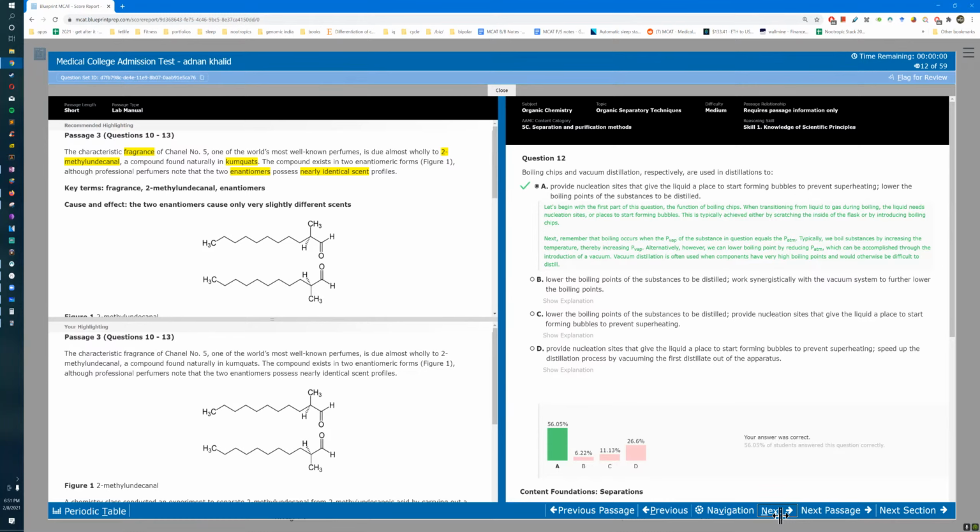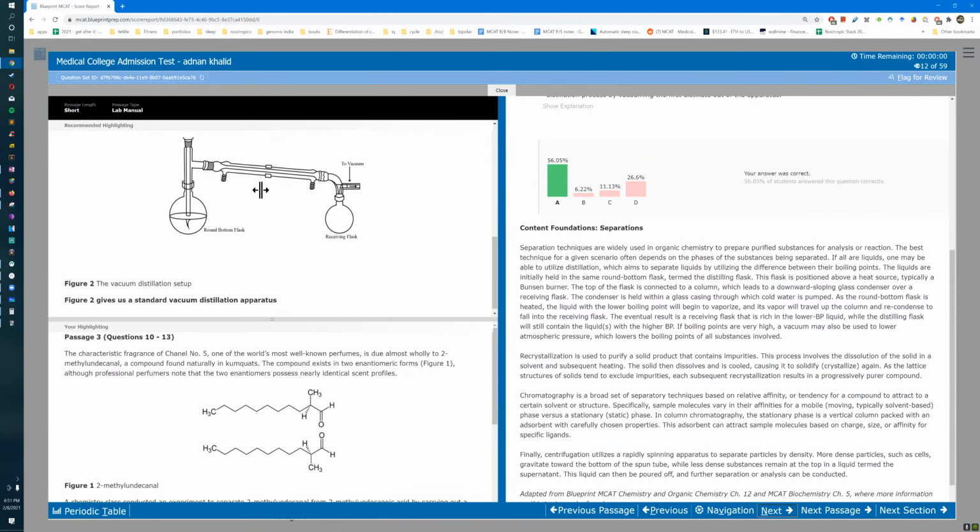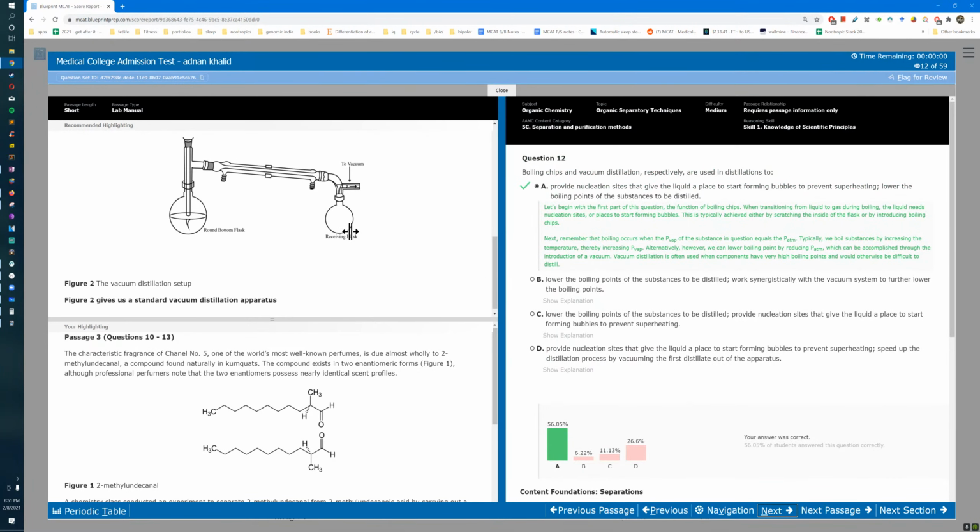And vacuum distillation is just like a regular distillation process, like this, but this is attached to a vacuum, and what that does is it lowers the vapor pressure. Boiling happens when the vapor pressure is equal to the atmospheric pressure.